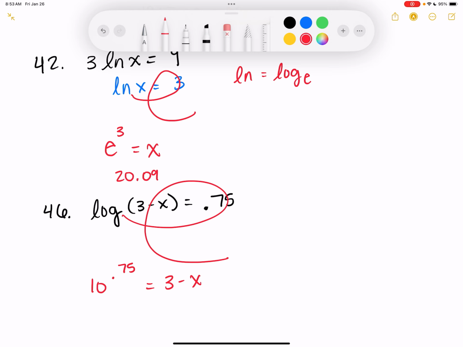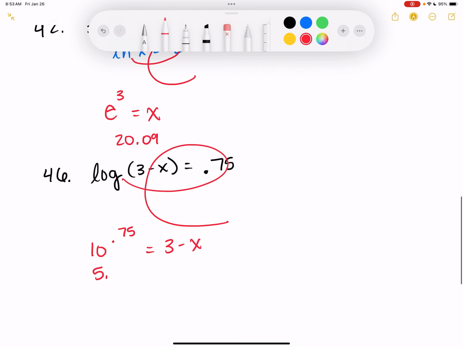Another thing you may or may not know how to type in is this 10 to the 0.75. If you type in 10, there's obviously a square button, but we need 0.75. Over here on the right, there's a caret. You hit that, it gives you an exponent, and then you can type in 0.75. So that's 5.62 is equal to 3 minus x.